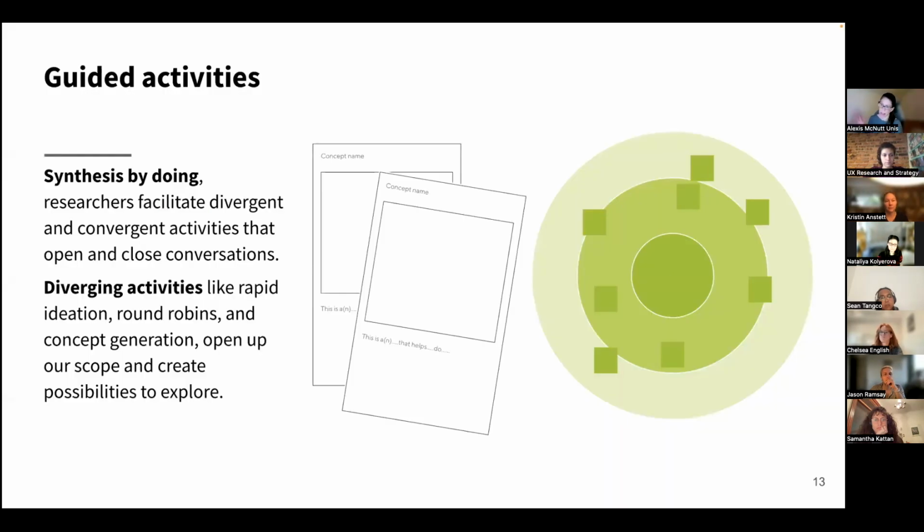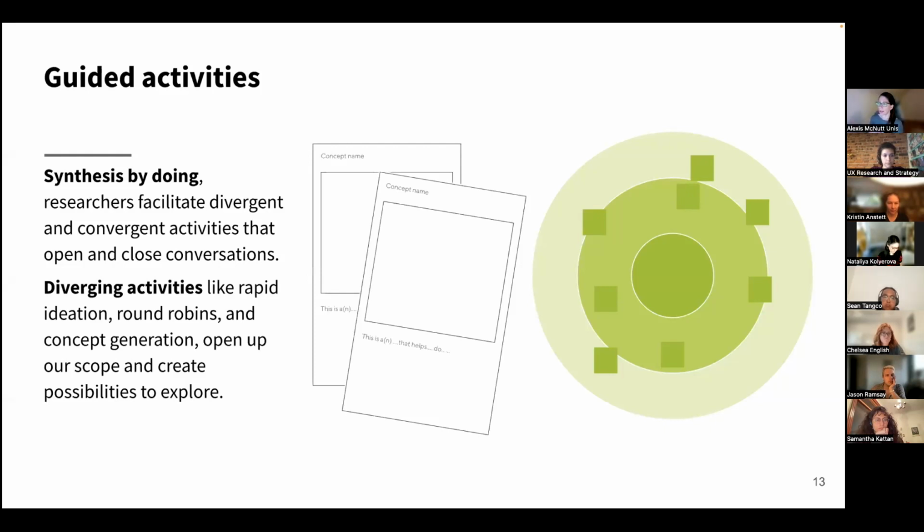So if you think back to facilitating those divergent, convergent conversations throughout the design process, I think every interaction has a divergent, convergent shape to it. And you want to bring different activities to facilitate the opening of conversation and the closing of conversation.